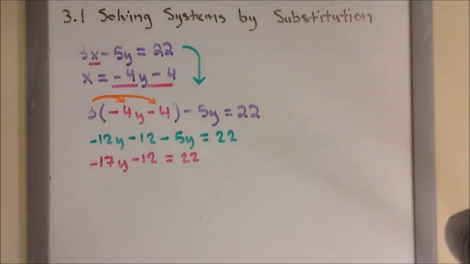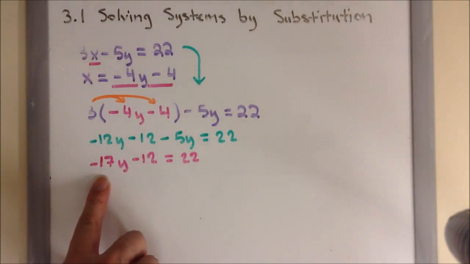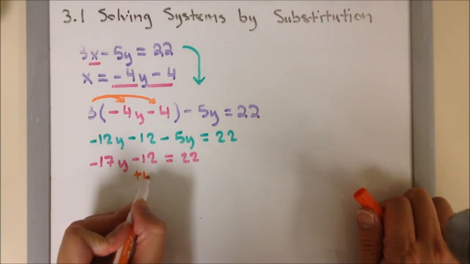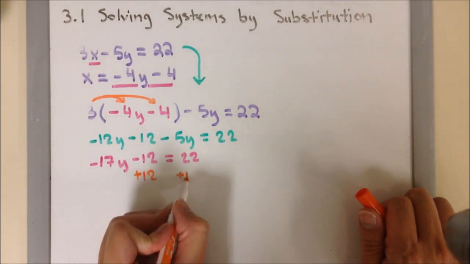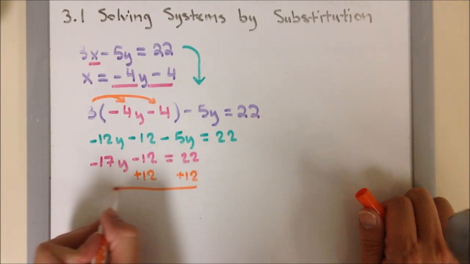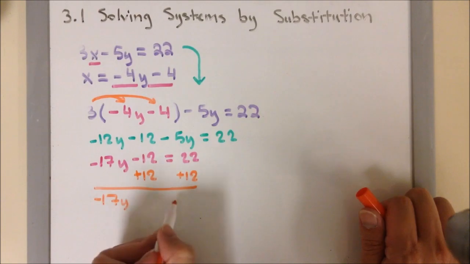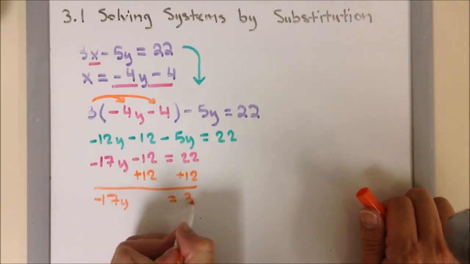Now if I want to solve and get negative 17y by itself, I need to cancel out minus 12, which is plus 12 on the left, plus 12 on the right. So it's going to be negative 17y equal 34.